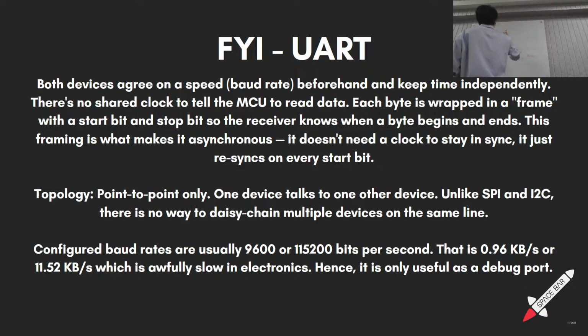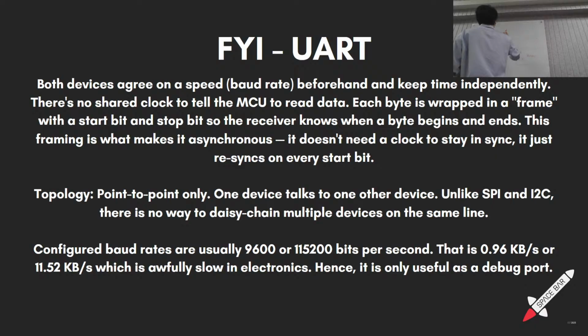Then you will see this notation regularly: comma, N, and 1. So this is your baud rate. This is your parity bit. And this is your stop bit, so there can be one stop bit or two stop bits depending on this number, 1 or 2.